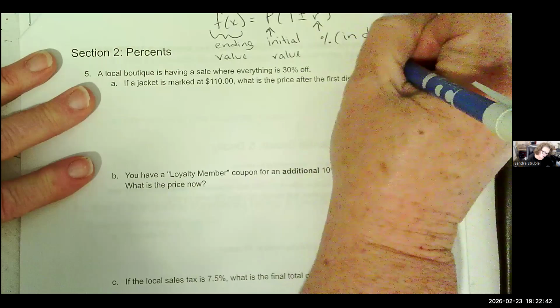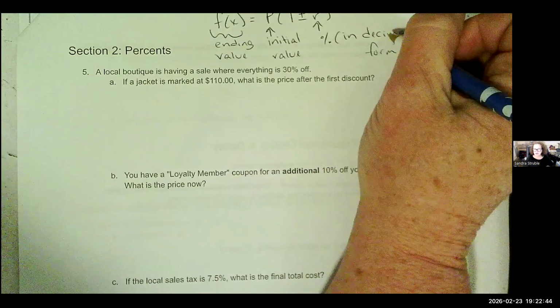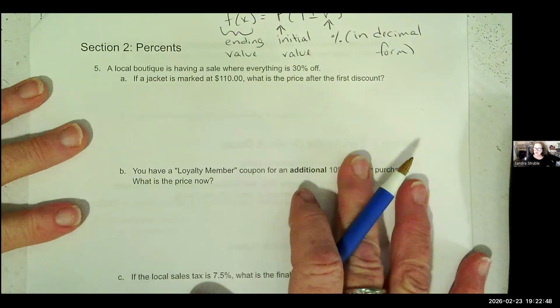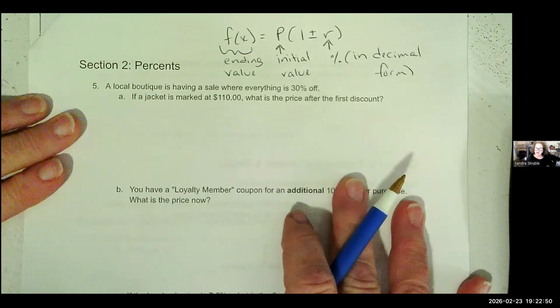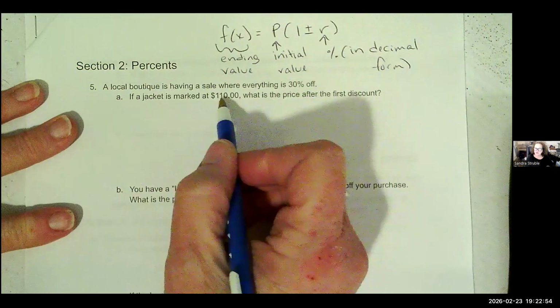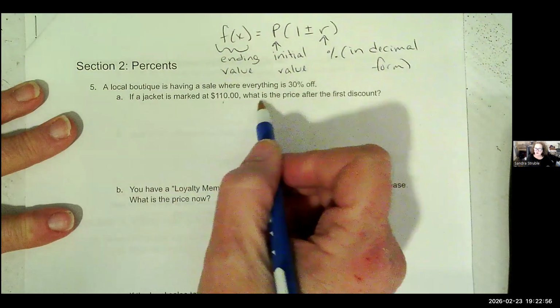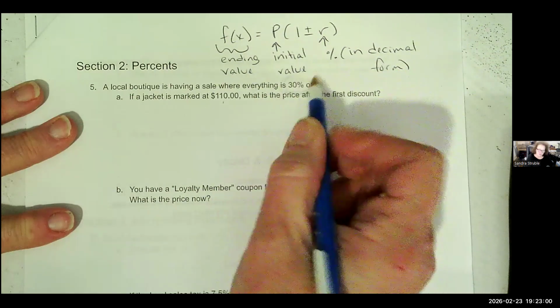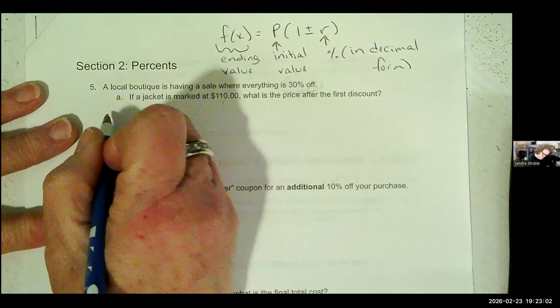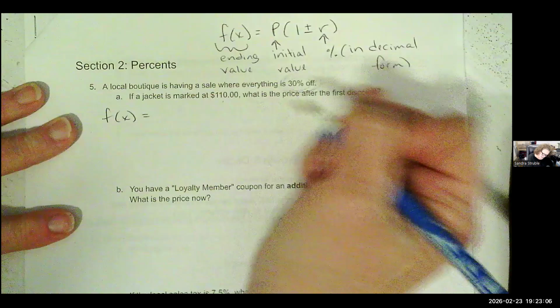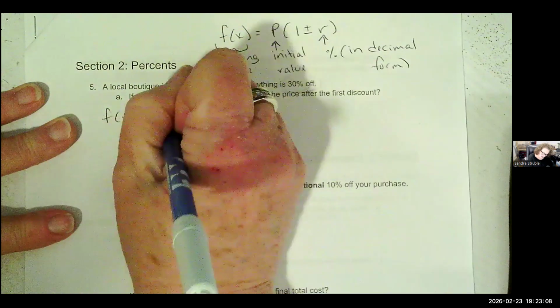All right, a local boutique is having a sale where everything is 30% off. Make sure you put this on your note card. If a jacket is marked at $110, what is the price after the first discount? The discount, so we're going to be subtracting. The ending value, the price, is the initial amount, 110, times 1 minus the percent.